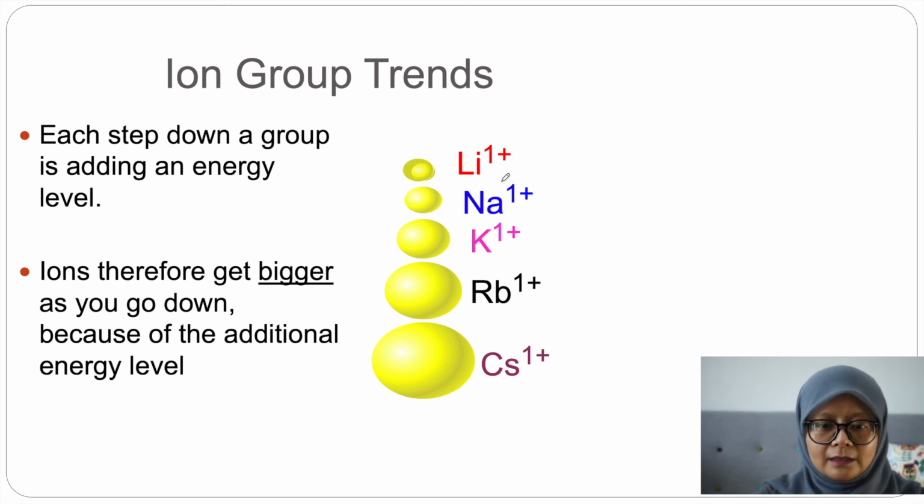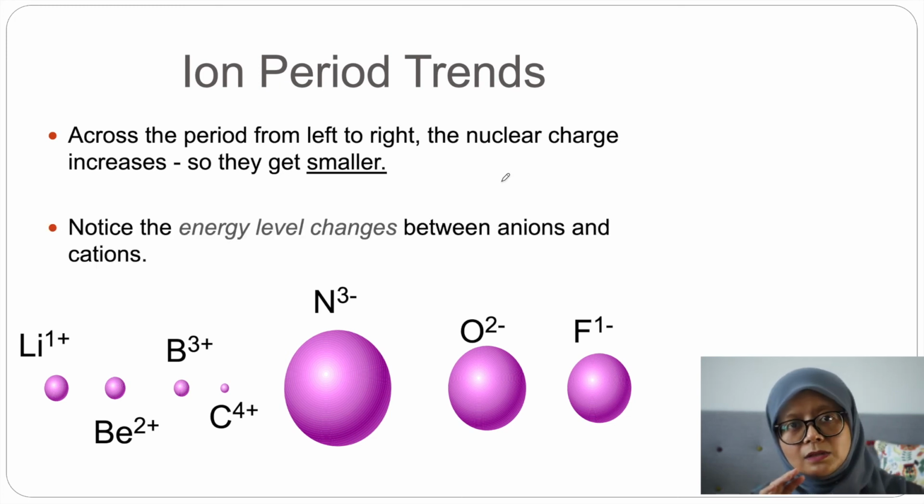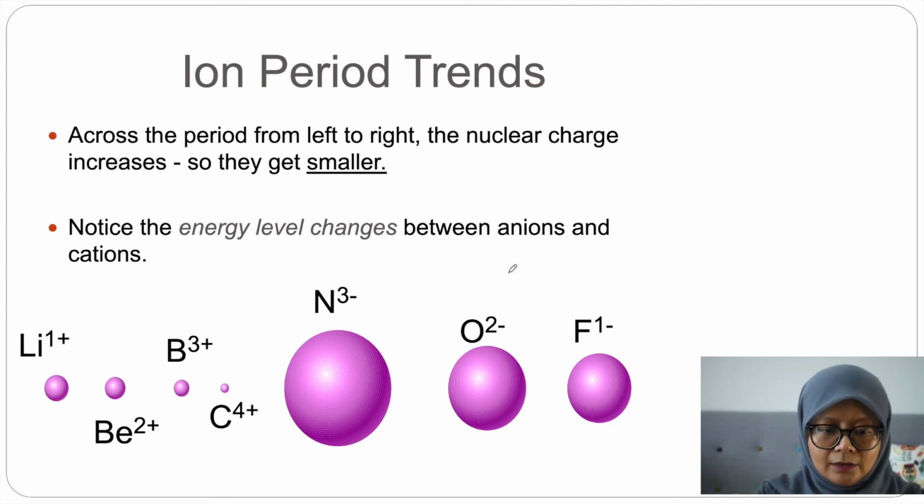And then we have the ion period trends. Across the period from left to right, the nuclear charge increases, so they will become smaller. And here, please notice, the energy level changes between anions and cations. This is what I explained in part 2.